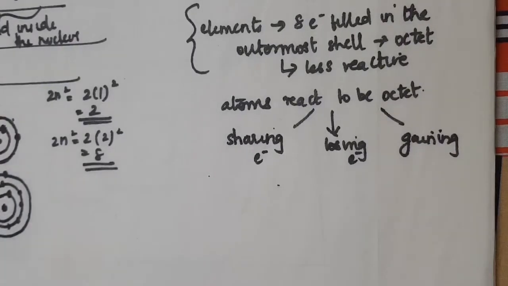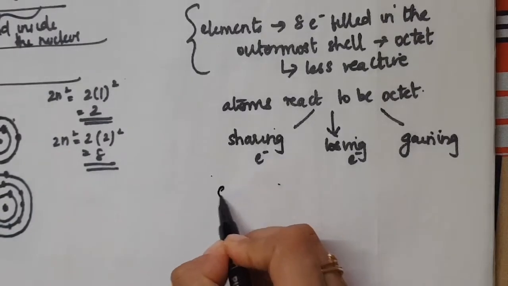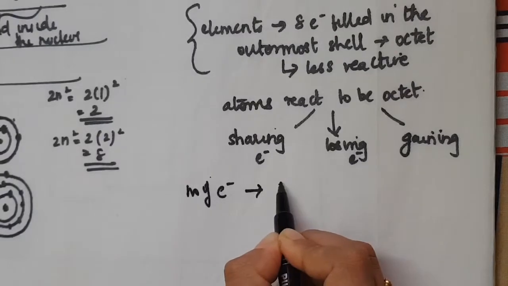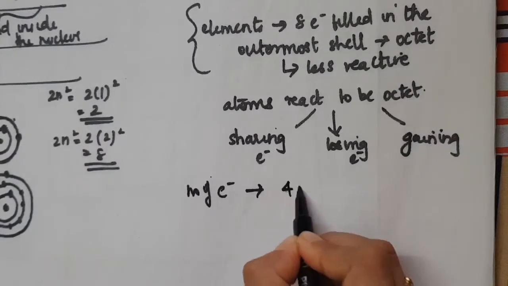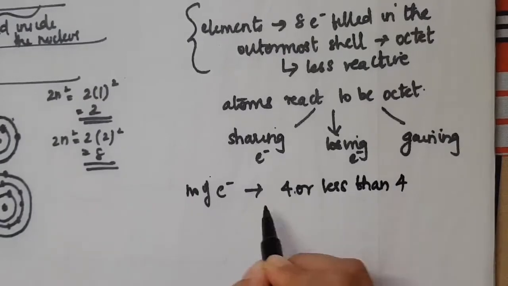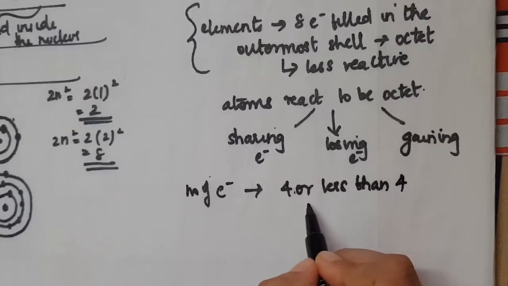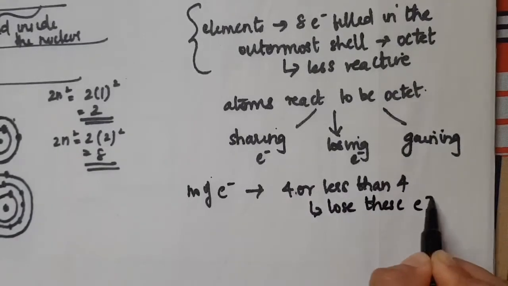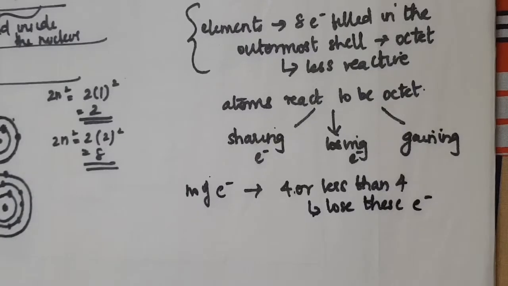To be very clear, if the number of electrons in the outermost shell is 4 or less than 4, it is easier to lose these electrons, because the number is small.